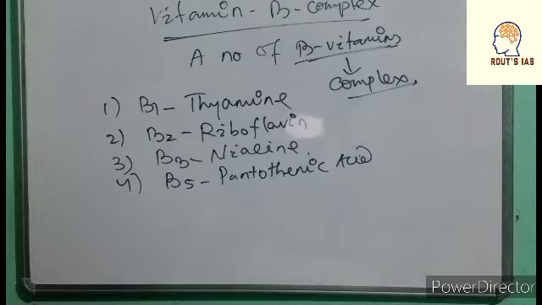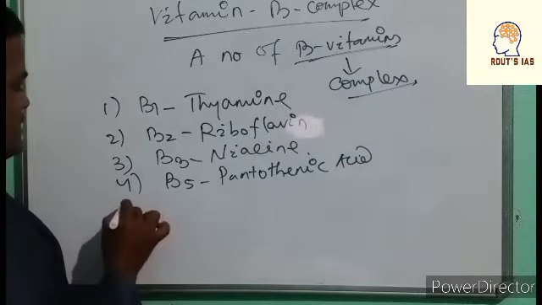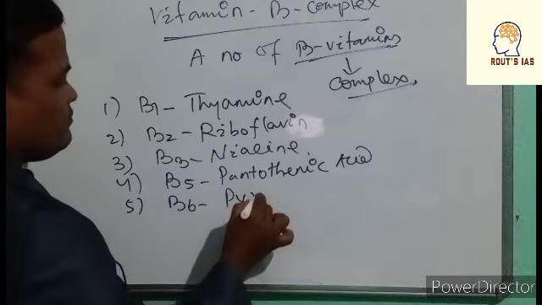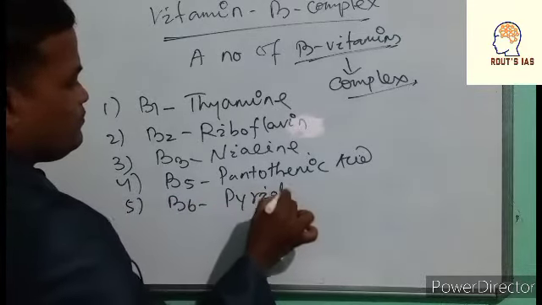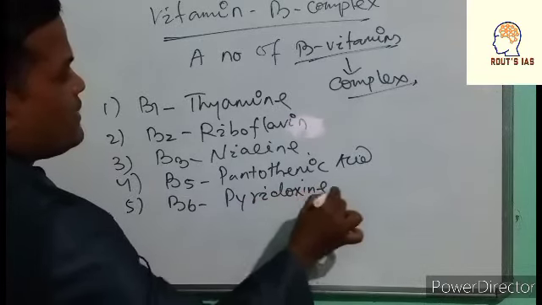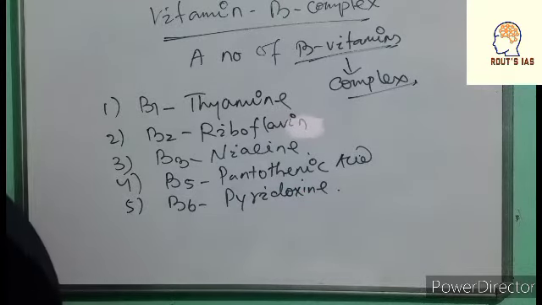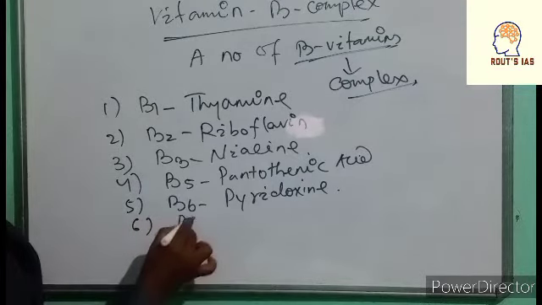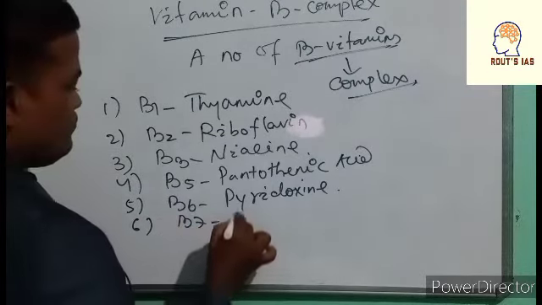Pantothenic. Number 5 is pyridoxine, vitamin B6. It's called pyridoxine. B7, biotin. Vitamin B7 is called biotin.